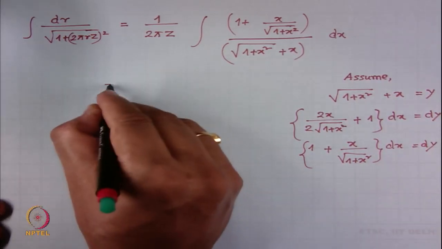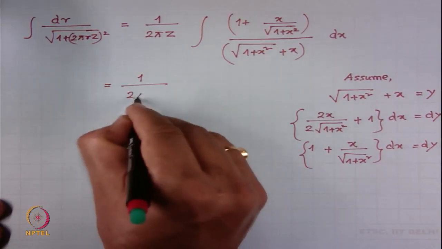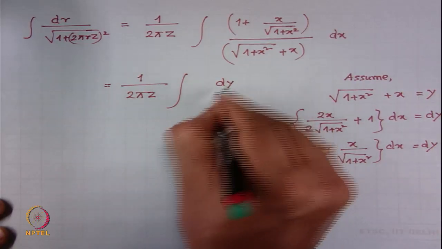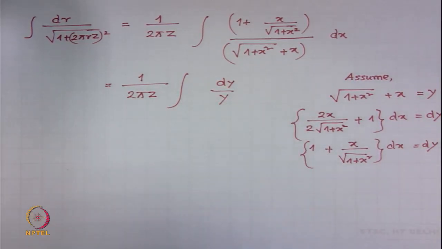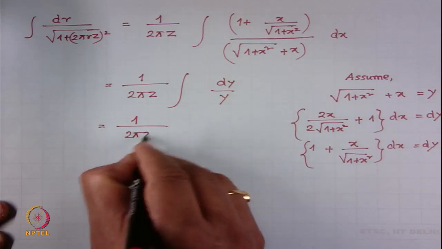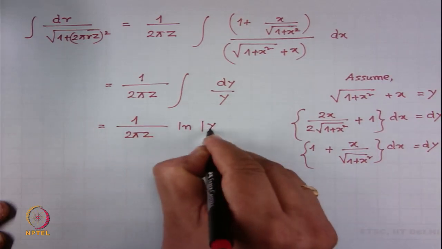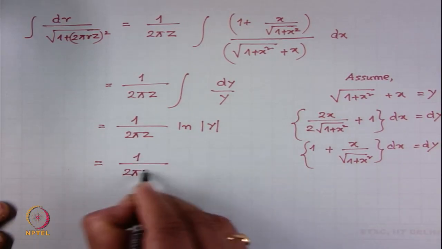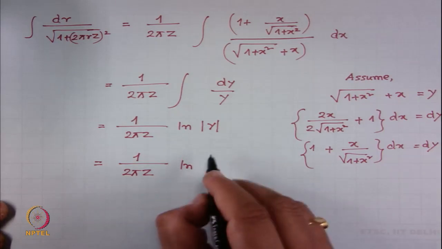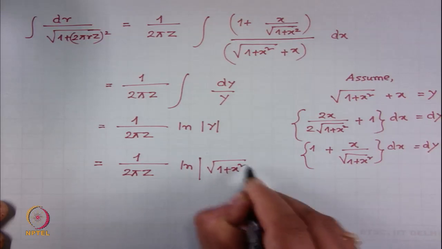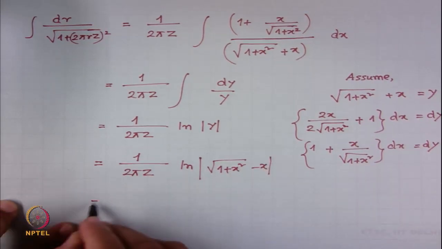So, then we can write 1 by 2 pi z, this is your dy and this is your y. So, integration dy by y is logarithmic y, 1 by 2 pi z ln into y. What is your y? Y is root over 1 plus x square plus x. What is your x?